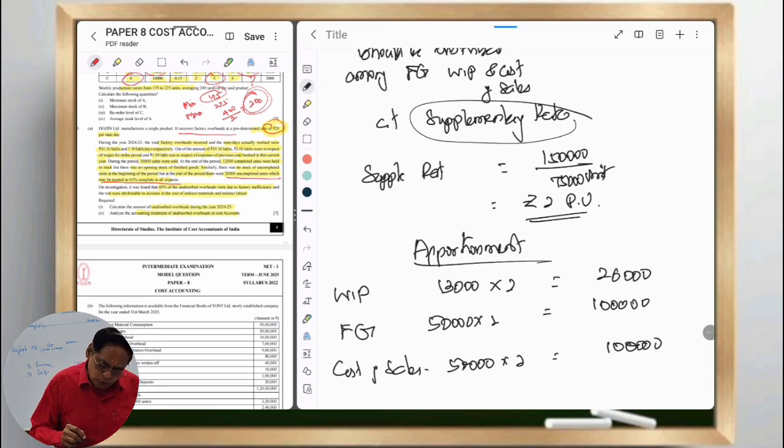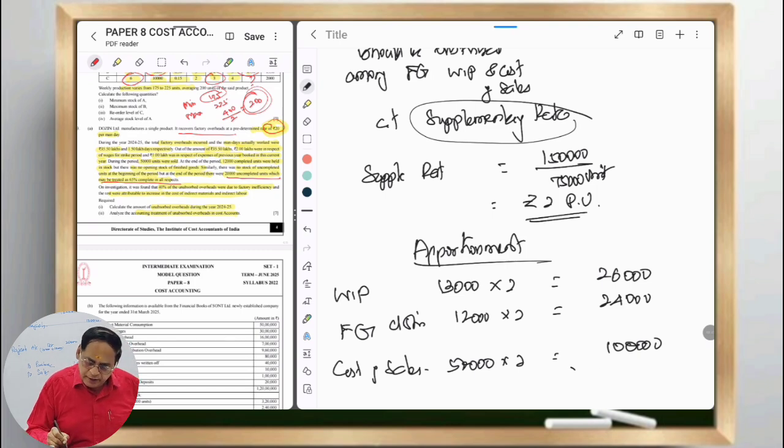And then finished goods, closing stock, that is 12,000 out of work in progress. Closing stock how much? 12,000 into 2. Finished goods how much? 24,000.